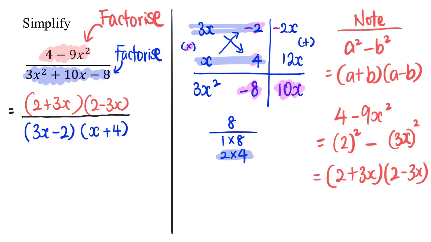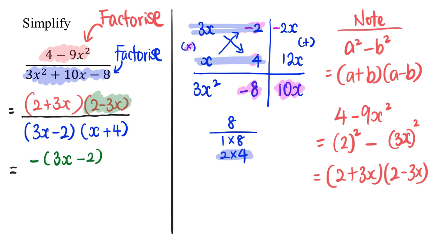Now at first glance, there seems to be no common factor. But do take note that if we could do some modification to this, we could make them the same. How? We could introduce a negative sign in front. I'm going to take out negative as the common factor, and I will get negative 3x minus 2.